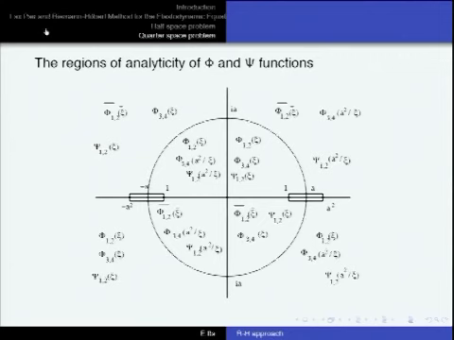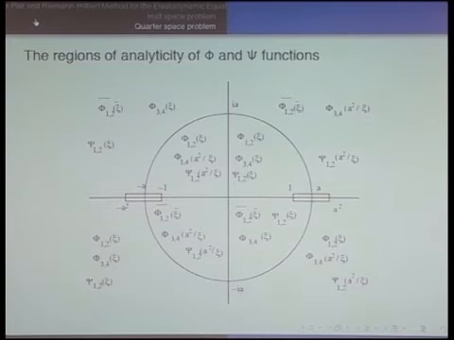As a result, the whole Riemann surface is filled with the global relation and its extension. On this picture you see the regions of analyticity of the 6 unknown functions. It's just one sheet of the Riemann surface. And now we are ready to start formulating the auxiliary Riemann problem for the unknown functions.